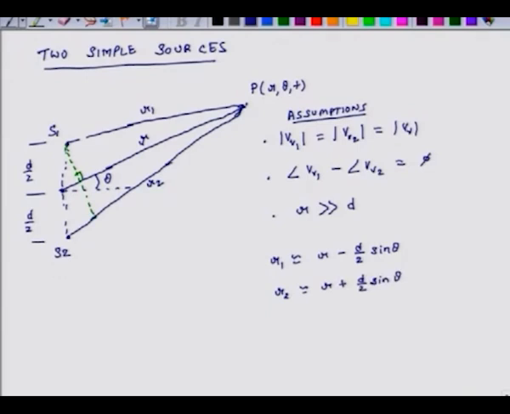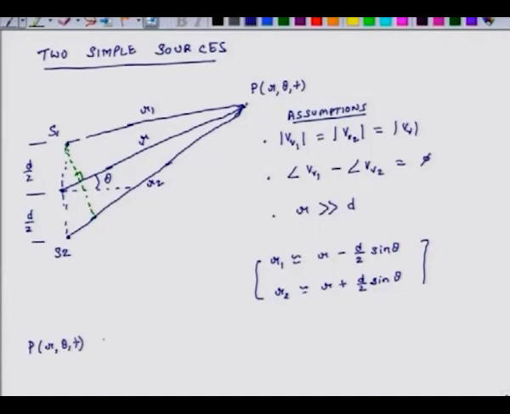So, with this set of assumptions and these two approximations, in our previous class we were able to develop an expression for the pressure at this point P, which is r distance away and theta angle away from the midpoint.